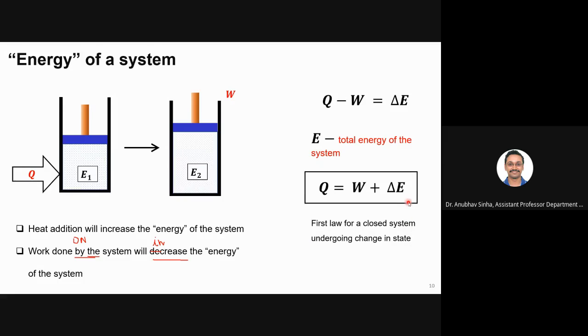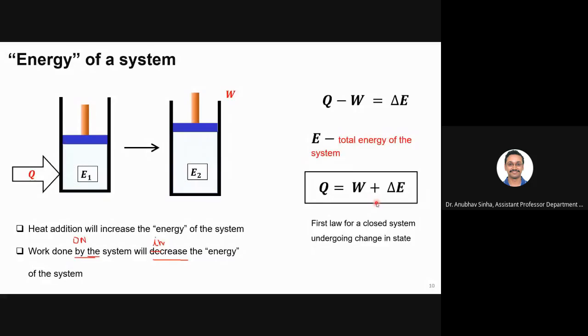Okay, so this is not for a cycle, this is for one process where the system is changing from E1 to E2. We can actually integrate it and do it for a cycle also, but for a single process, this is how the first law can be represented.